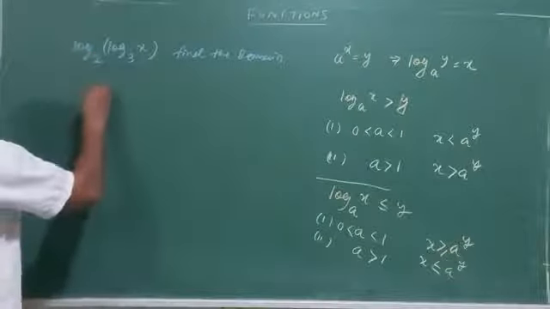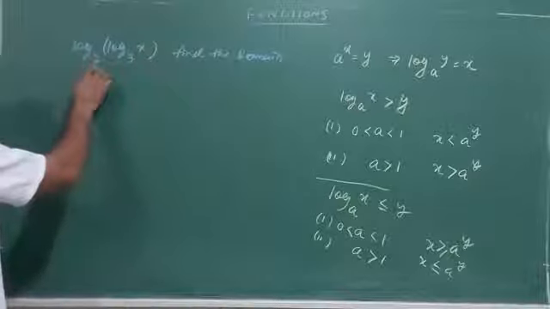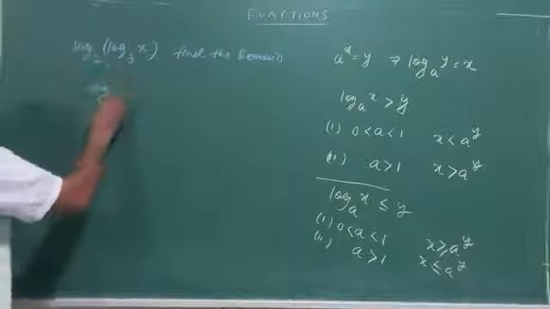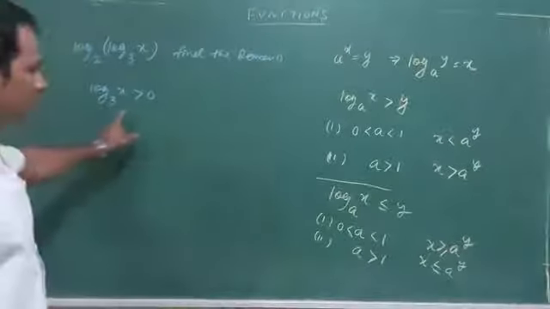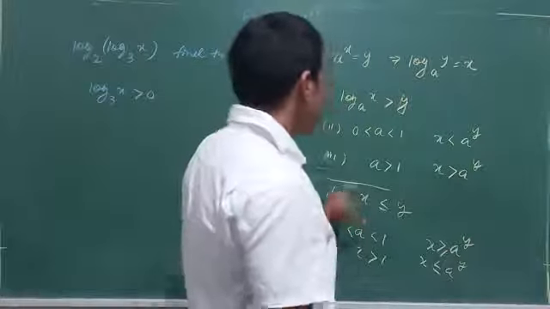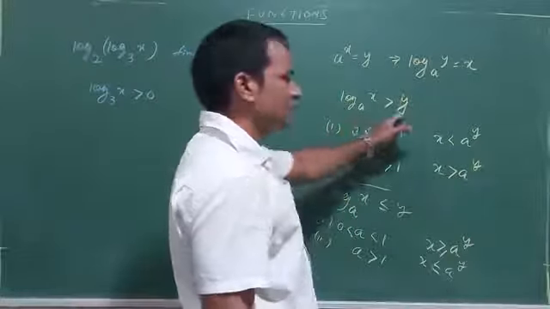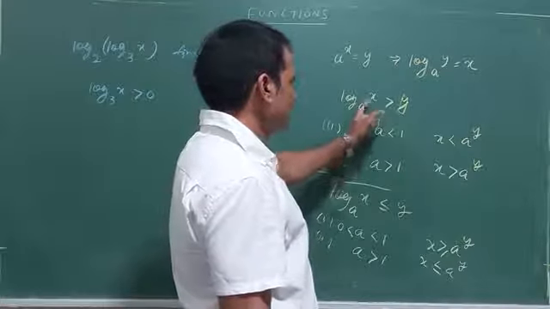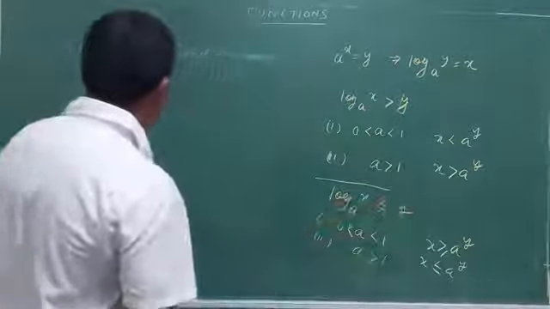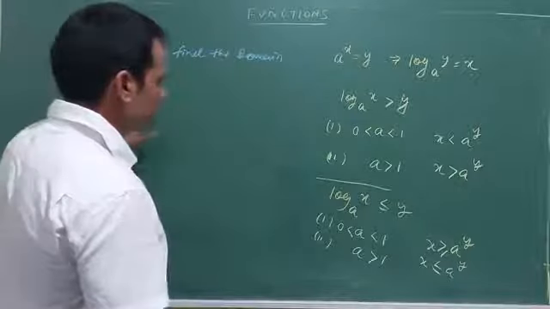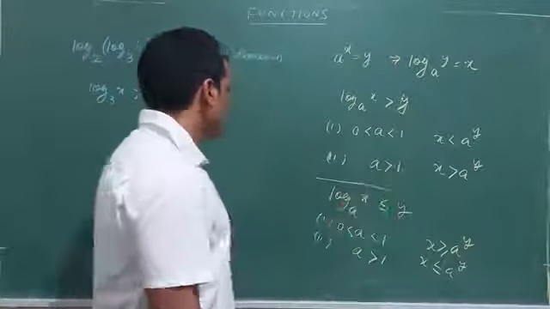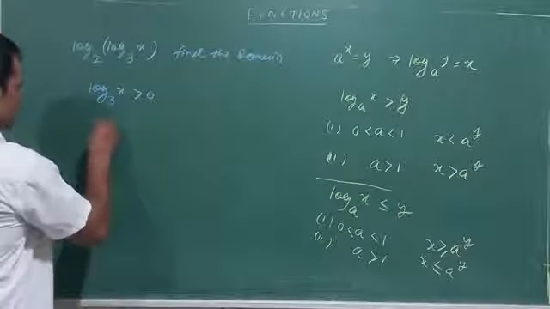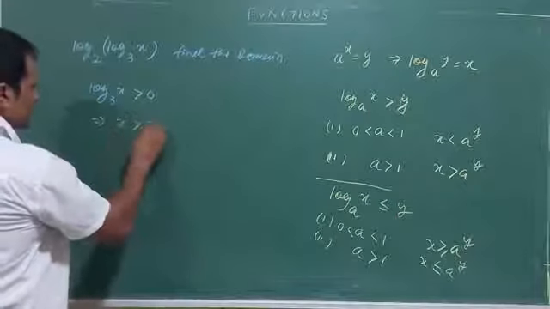So my condition is, first the base is positive, then log base 3 of x must be greater than 0. Now I come to the inequality: log base a of x is greater than y. Log base 3 of x is greater than 0. Now you see the base. What is the base? The base is positive, meaning greater than 1. I will stick to this condition. So after that I write x is greater than e to the power 0.